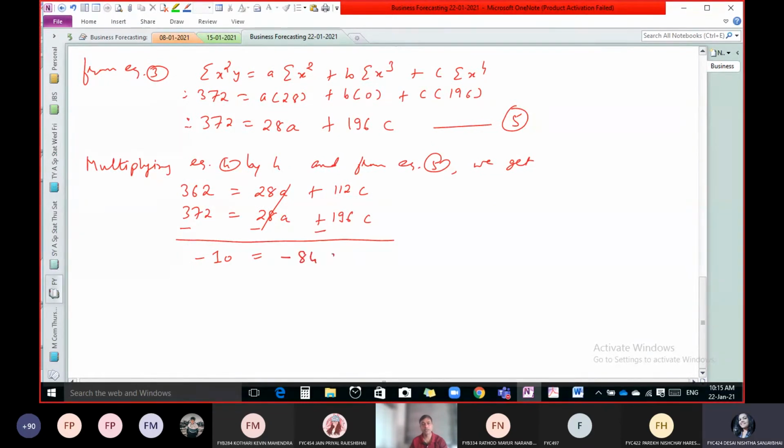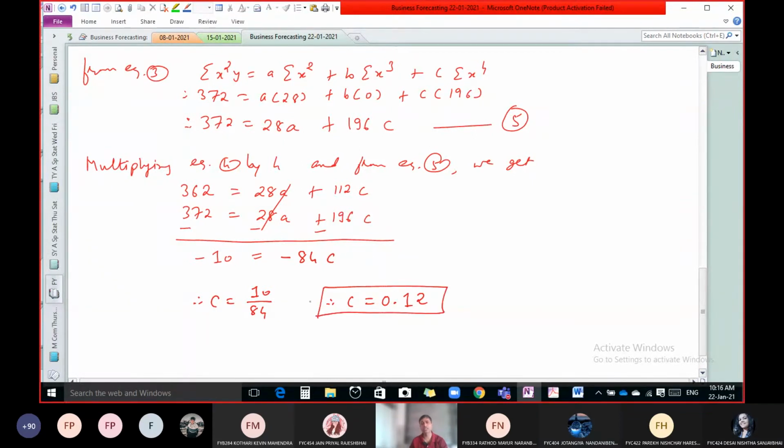Minus 84c. And this minus minus is plus, so we get c equal to 10 divided by 84. Tell me what is c? 0.12. So 0.12 is the value of c.